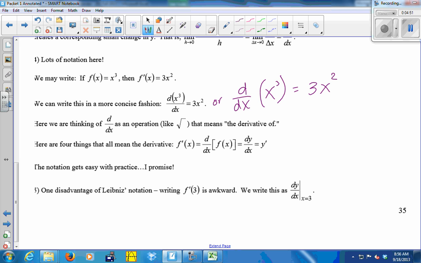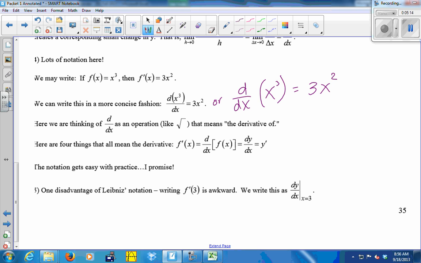Either of those is correct. And you can think of it like following the rules of fractions. If I did d dx times x cubed, that would be the same as d of x cubed over dx. That's one of the pluses of Leibniz notation, is that you can kind of treat it like fractions, and it follows all those rules.